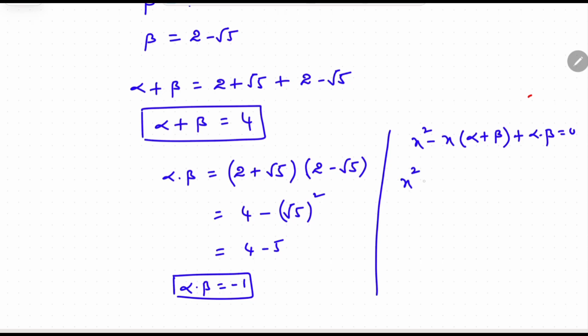So x power 2 minus x of, what is the sum of the roots there? That is 4, plus alpha into beta, that is minus 1. Therefore x square minus 4x minus 1 equals 0. It is the quadratic equation.